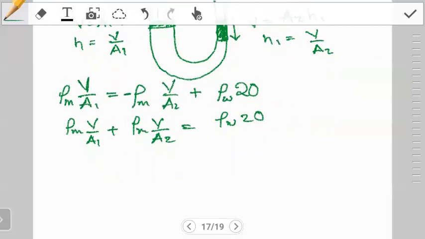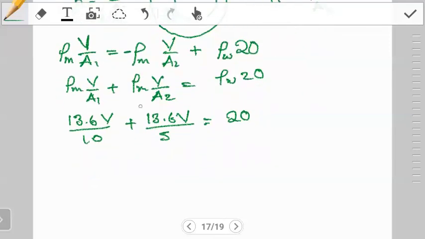So when we perform our substitution, what we now have is 13.6 V over 10 plus, and then this side, what we have is 1. This just becomes V, since the density of water. Sorry, this is not the density of water, this is mercury. The density of mercury, that's 13.6 V over 5 equal to, this is 1, so this just becomes 20.